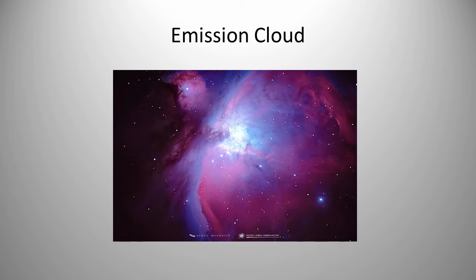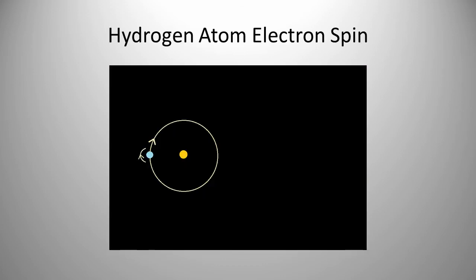In addition to these fairly dense clouds, there's also a lot of hydrogen gas pervading the entire Milky Way. And as it happens, cold hydrogen gas sitting out in space will actually emit some very low-energy photons, and we can use that to map the Milky Way. Now, I talked about the ground state in hydrogen atoms.